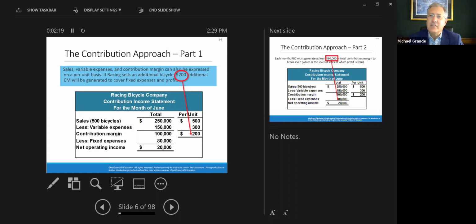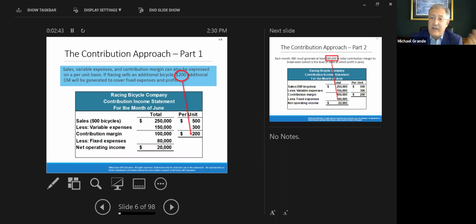If RBC sells an additional bicycle, $200 of additional contribution margin can be generated to cover fixed expenses and profit. As you can see here on a total dollar basis, but on a per unit basis, the selling price per unit is $500.